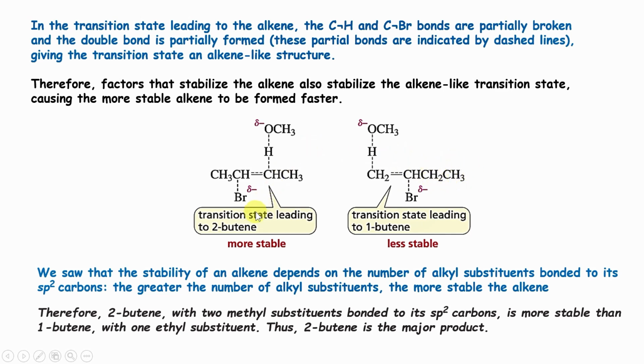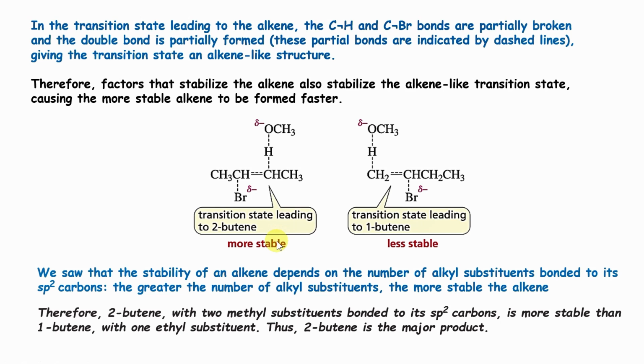Hence this transition state is more stable than this one, and hence 2-butene, with two methyl substituents bonded to its sp2 carbons, is more stable than 1-butene with one ethyl substituent. Thus 2-butene is the major product. That is the reason why 2-butene is formed as the major product.